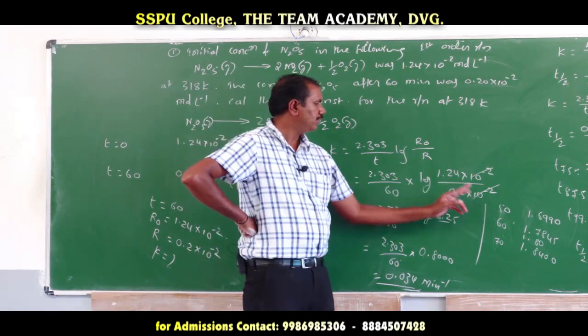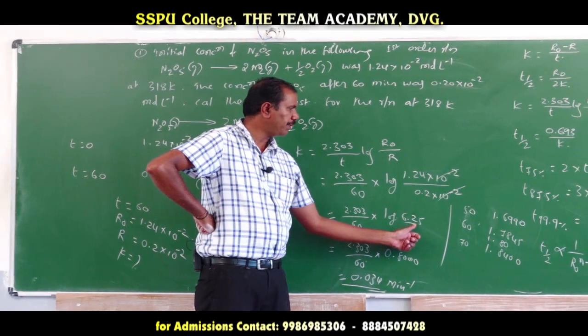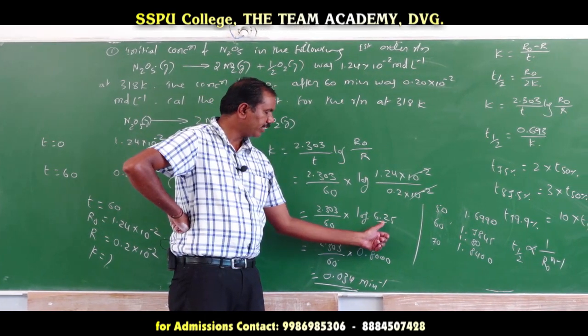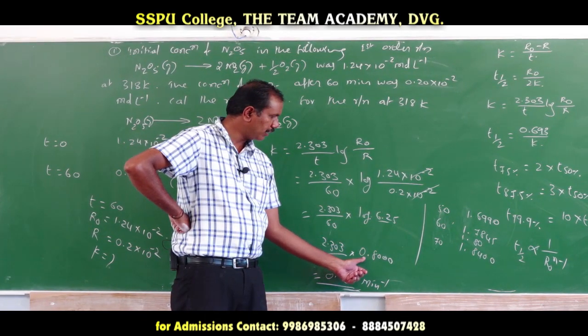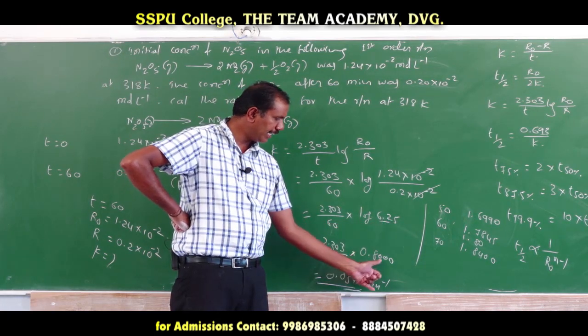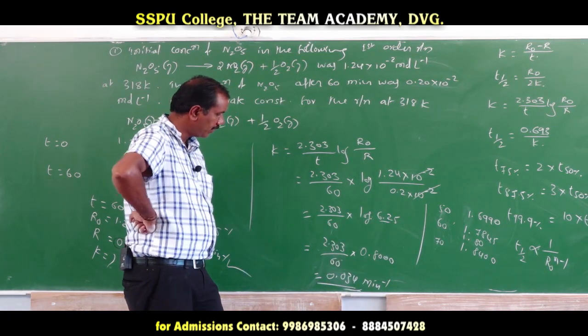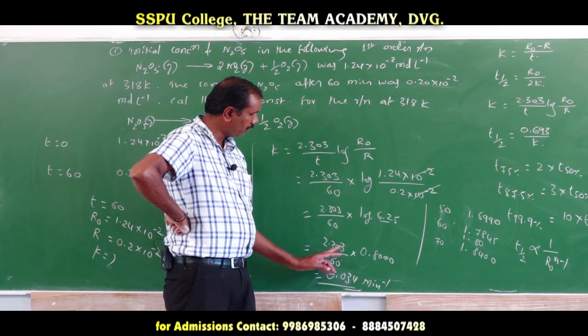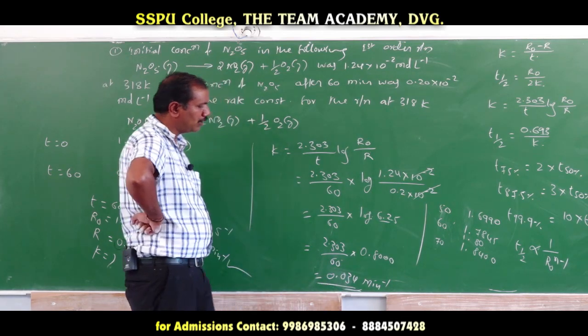These two cancel. This value becomes nearly 6.25. Log 6.25, characteristic 0, mantissa nearly 8000. Okay? So if we multiply those, we get 0.034 per minute.